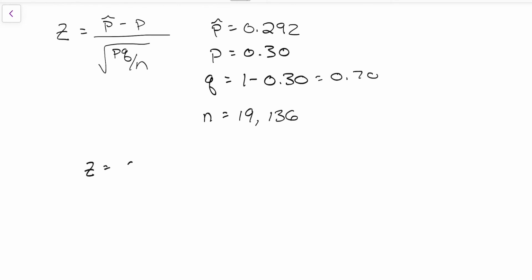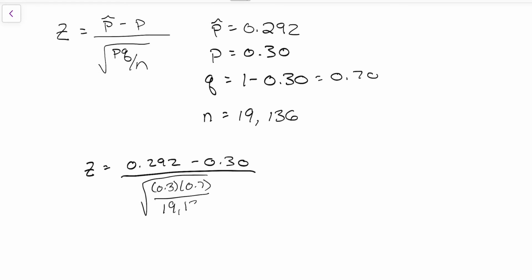Now we can compute this. z = (0.292 − 0.30) / √(0.3 × 0.7 / 19,136). If I compute this, I get negative 2.41 as my test statistic. So let's check whether that is in the critical region.